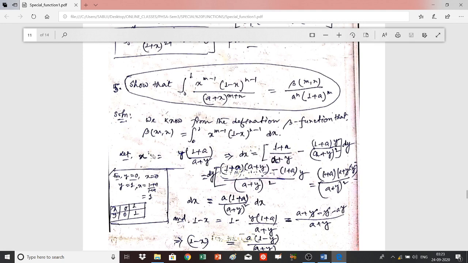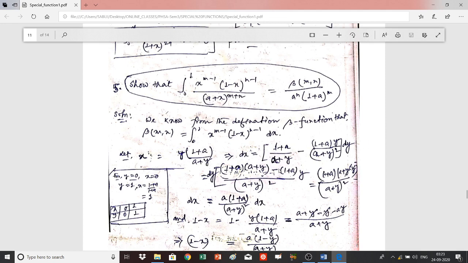Now consider that x is equal to y(1+a)/(a+y), and from here dx is found by first differentiating this. Keeping y as a constant, the numerator y(a+1) is there, and then differentiate the denominator, that will give you (a+y) whole square with a negative sign, into dy.